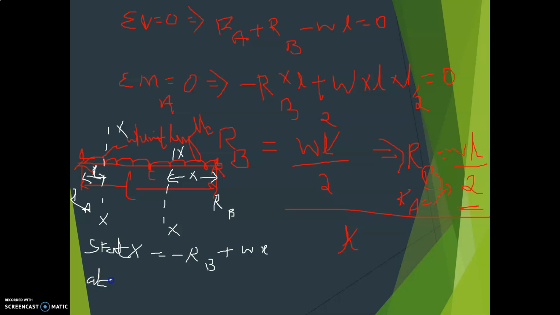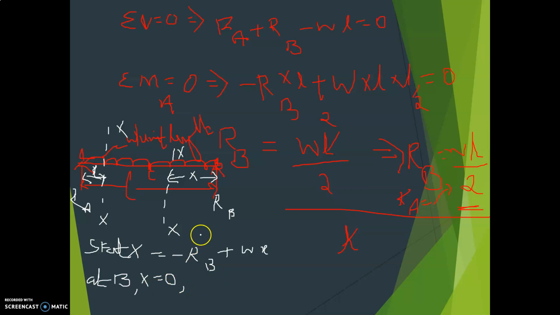What is B? At B, X is equal to 0, right? So substitute here, X is equal to 0. What is RB? RB is equal to WL divided by 2. So minus WL divided by 2 plus W into this is 0. So this whole term becomes 0.